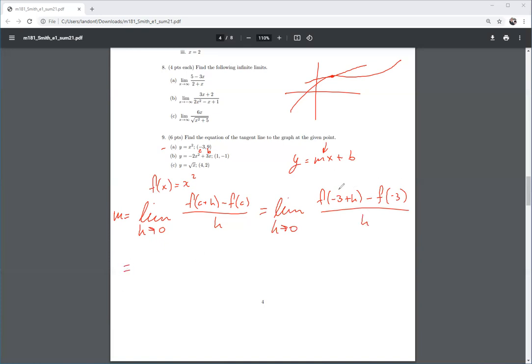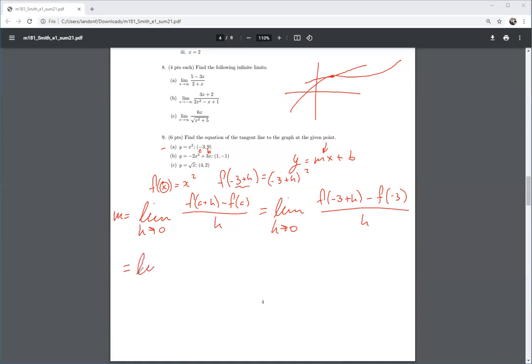Then we plug these into our function, right? F of minus 3 plus h. We plug in everything for x, so it's going to be minus 3 plus h squared. We completely replace the entirety of that with this.